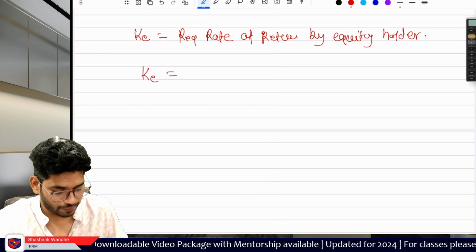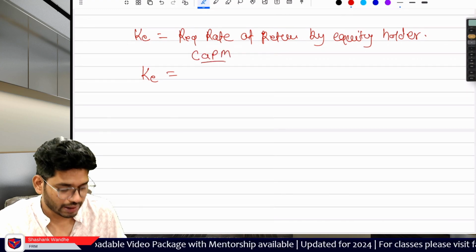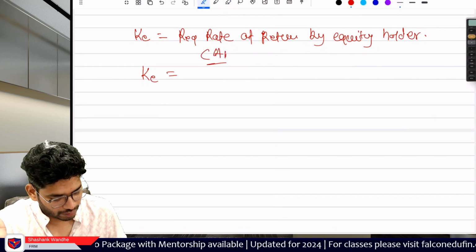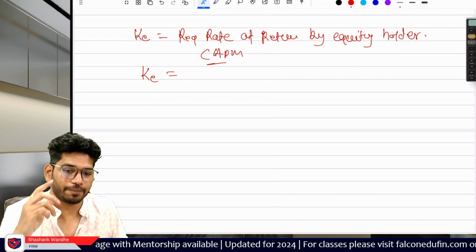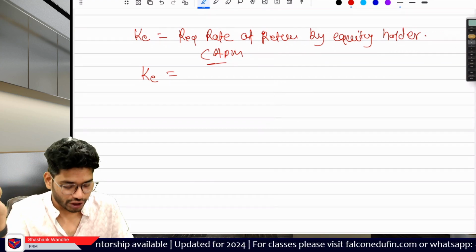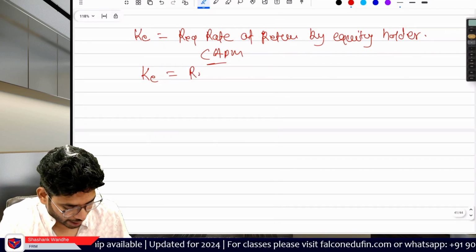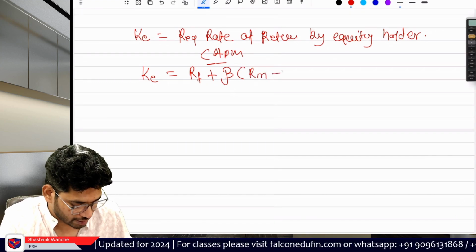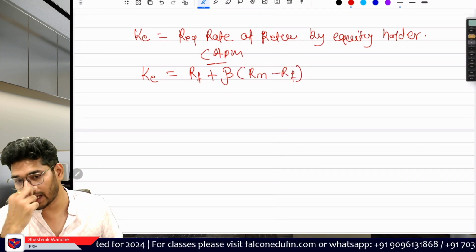This is if we use CAPM, the capital asset pricing model. Then the formula is, again, I assume we are done with the portfolio management preparation. So it is RF plus beta into RM minus RF, and this is how you do the calculation.